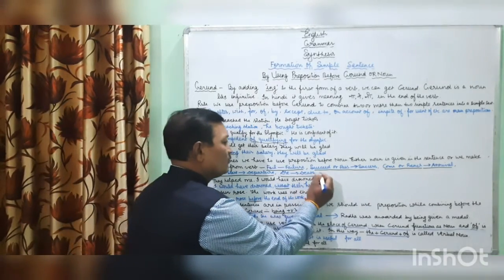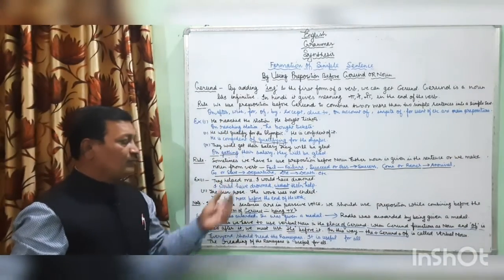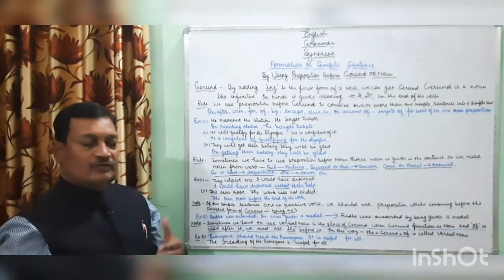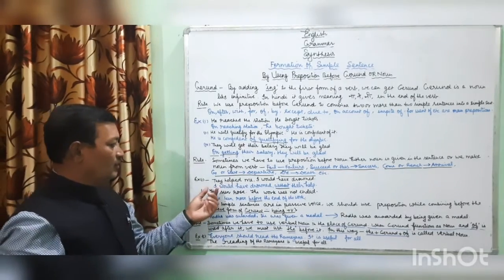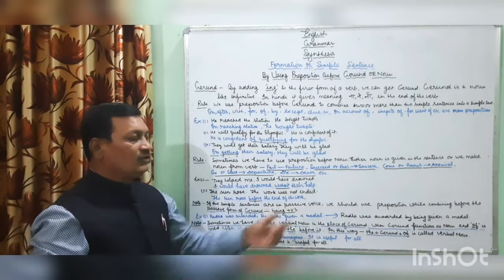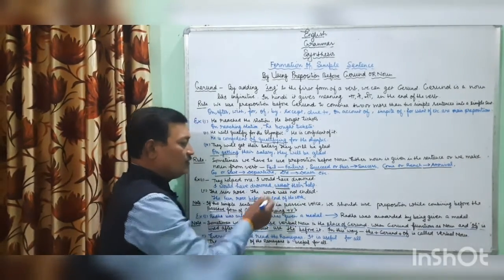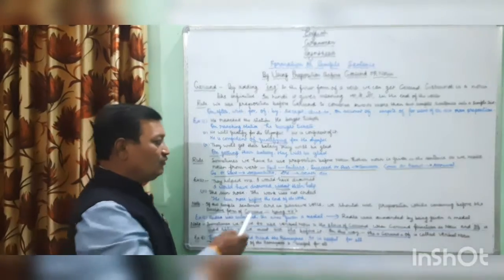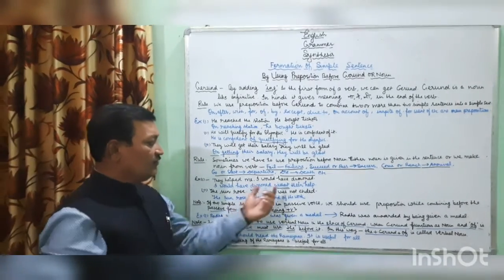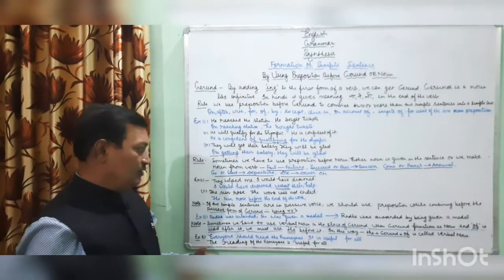Let's see examples. They helped me, I would have drowned. Let's see here, I would have drowned without their help. Students, you can see here I have underlined with black sketch. Without is preposition and it is used just before noun help.